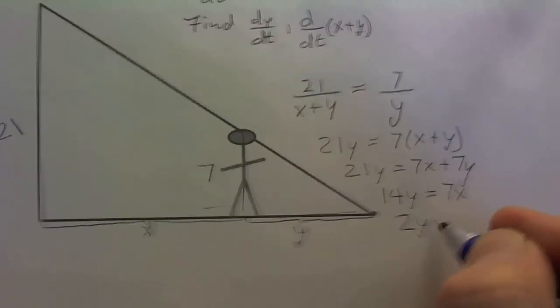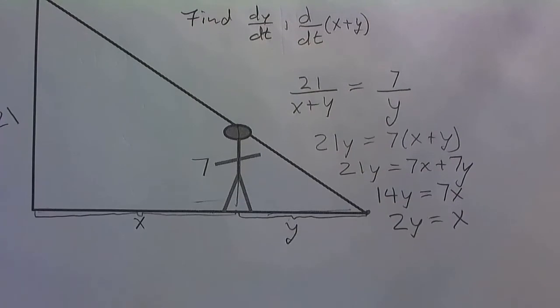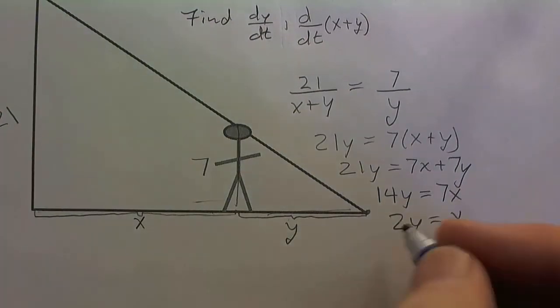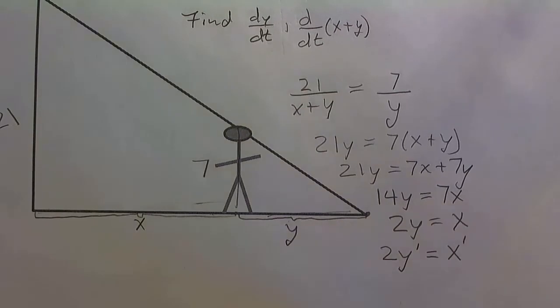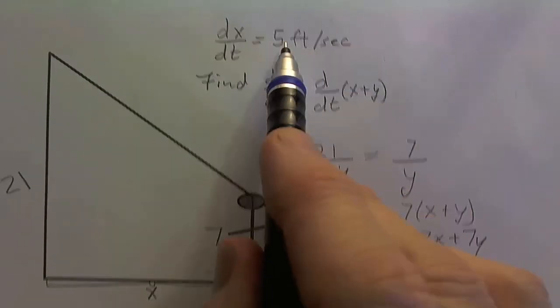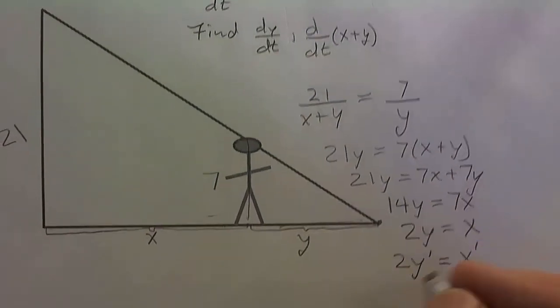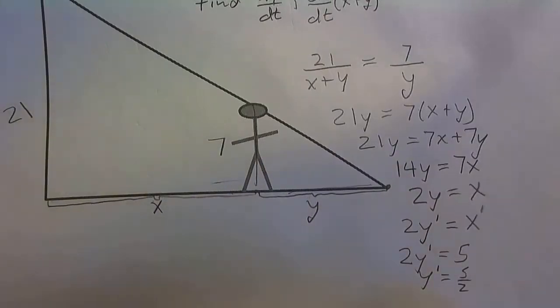And I get 2y equals x. So now I know how x and y are related. Now I can differentiate. 2y prime equals x prime. Well, x prime is 5. So I've got 2y prime equals 5. So y prime is 5/2 feet per second.